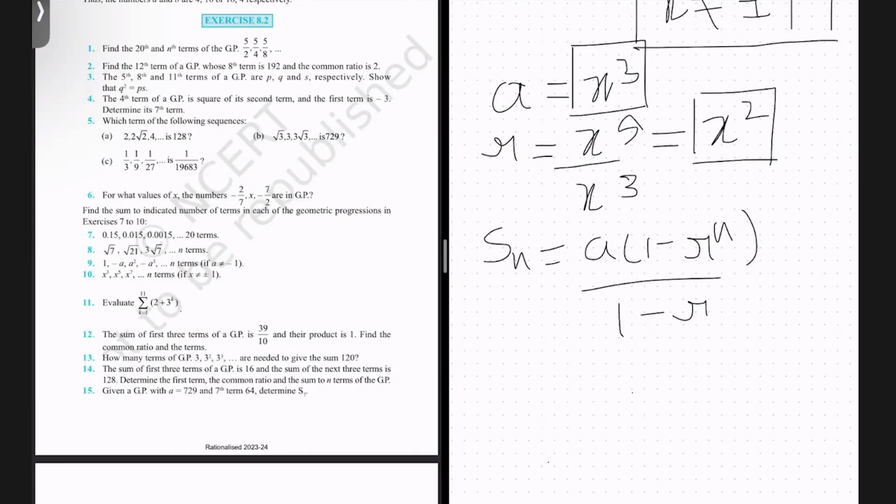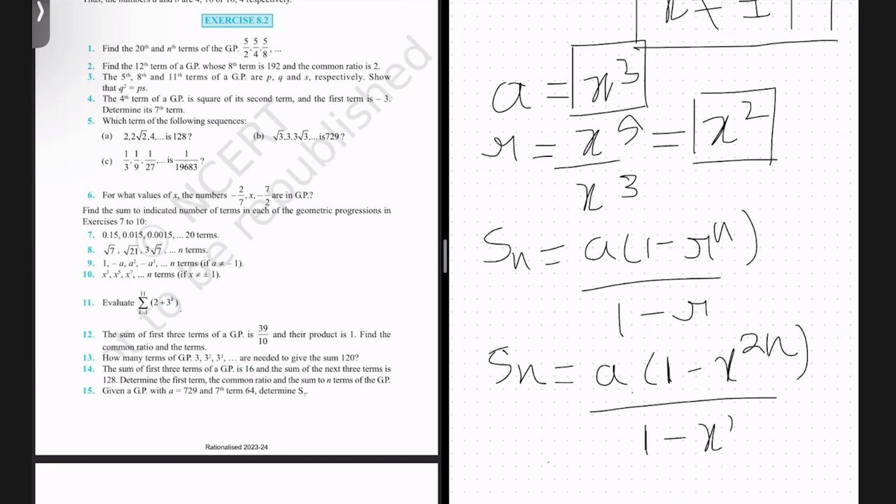what I finally arrive at is Sn equals a into 1 minus r to the n, which is 1 minus x raised to the power 2n, upon 1 minus r, which is 1 minus x square again. We forgot to substitute a as x cube.